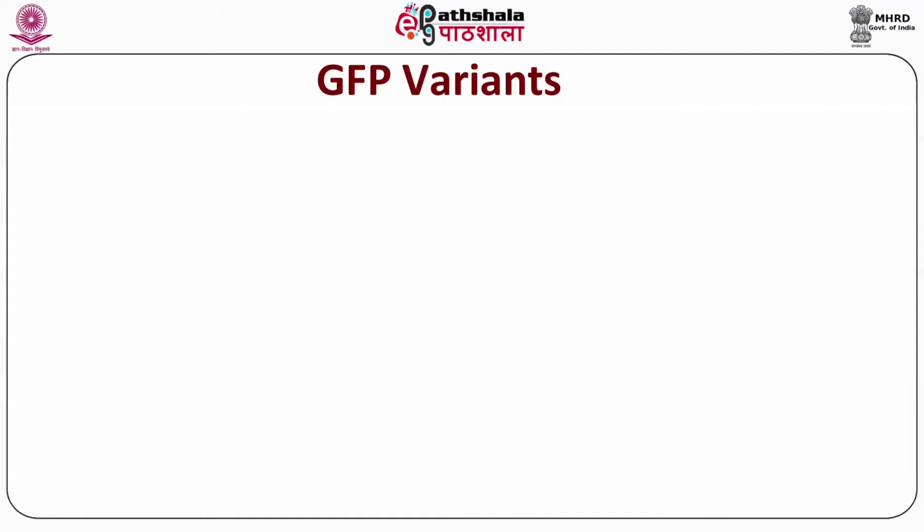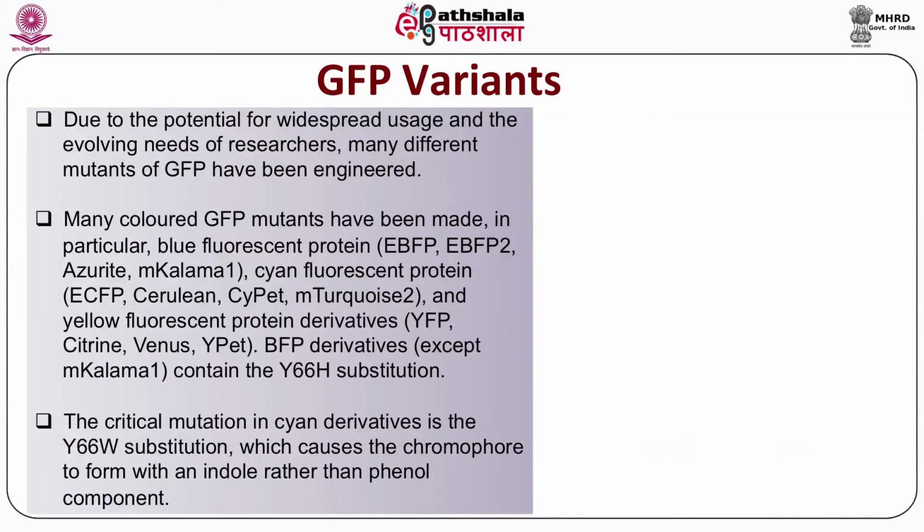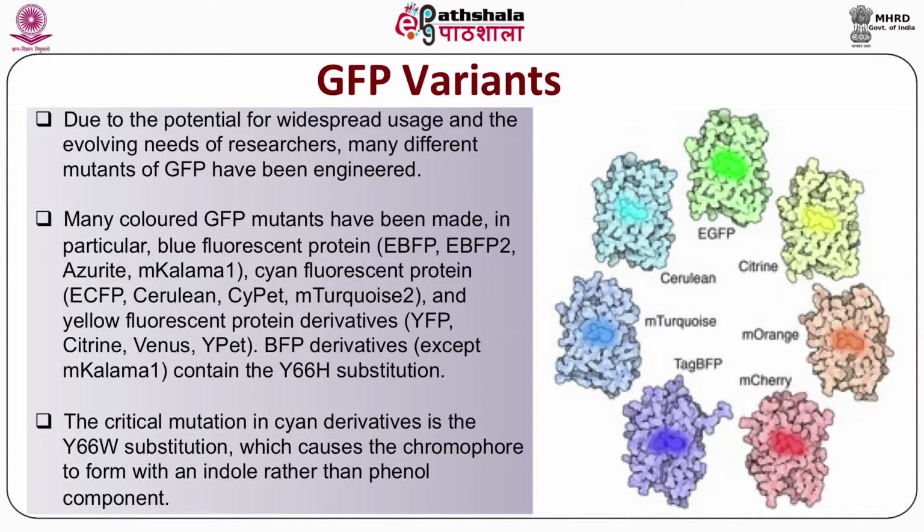Now we talk about the green fluorescent protein variants. Green fluorescent proteins occur in different forms, different variants. Due to its potential for widespread use and the evolving needs of researchers, many mutants of green fluorescent protein have been engineered.